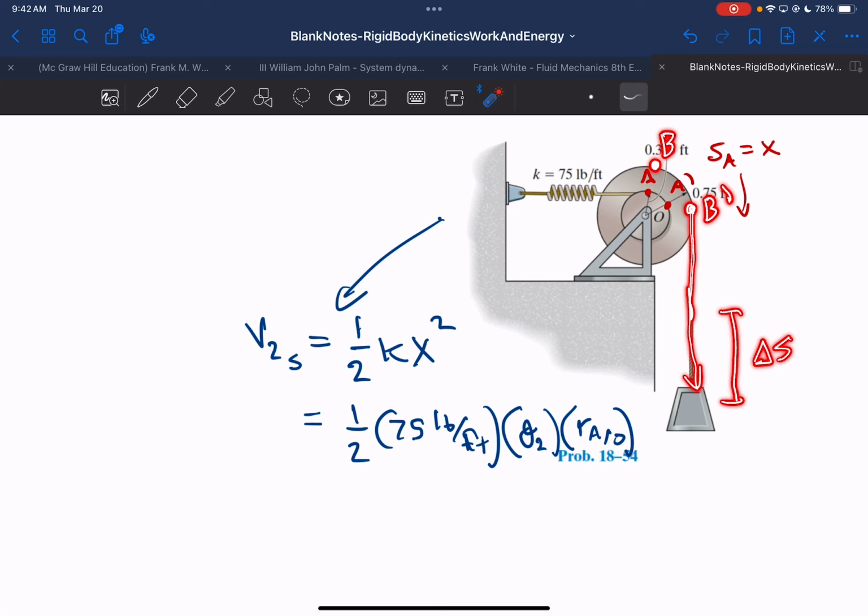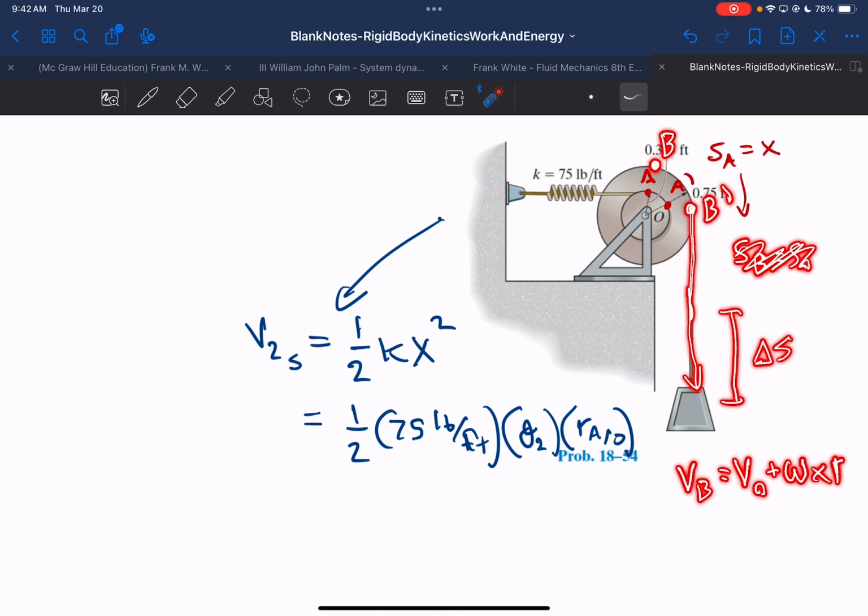So I can say that my arc length, in essence, is just S_B, my change in position of my point B. Let's use velocity first and then go from there.